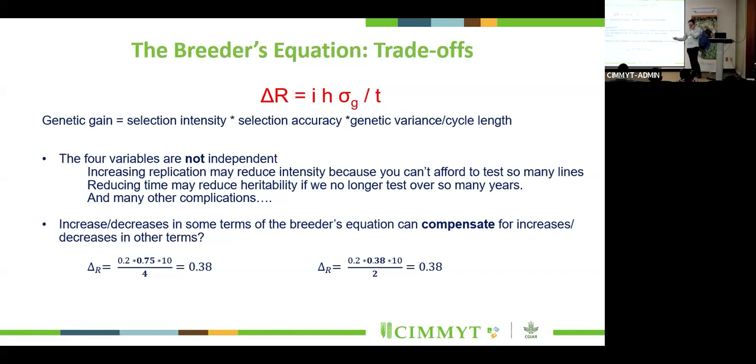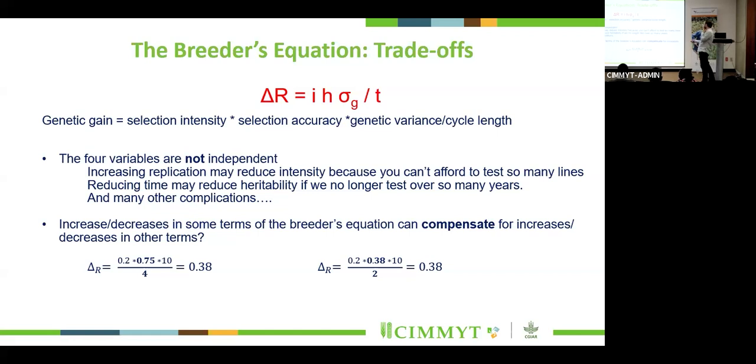So I've been getting at this all along: going back to the Breeder's equation, it's all about trade-offs. Selection intensity, accuracy, variance, cycle length are incredibly non-independent. If you increase replication, you're probably going to reduce intensity because you can't afford to test so many lines. If you reduce time, we can't test over so many years, so your heritability goes down.